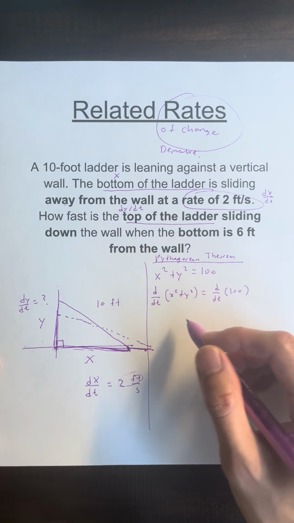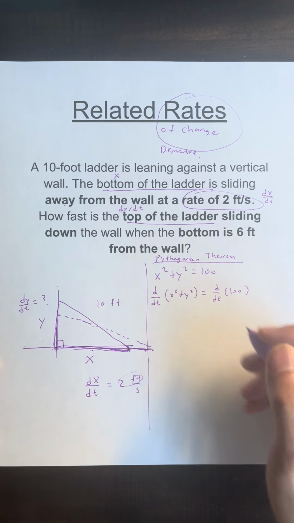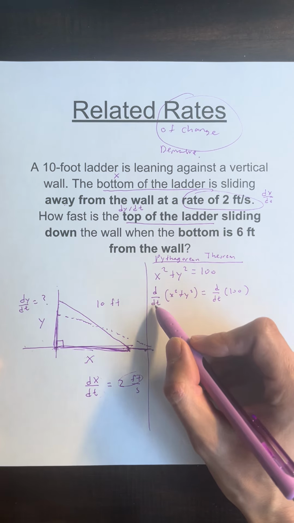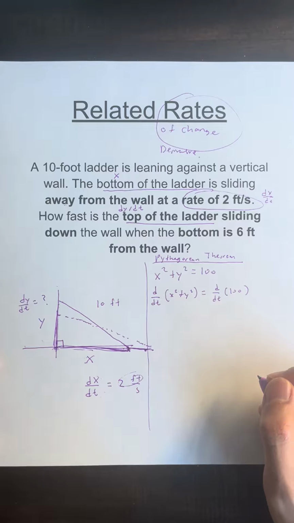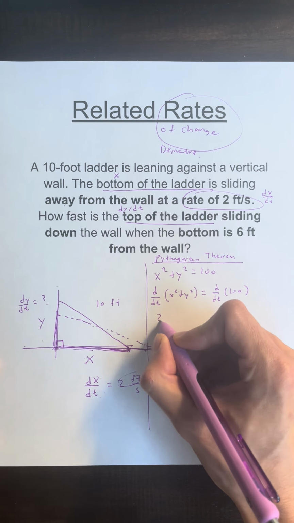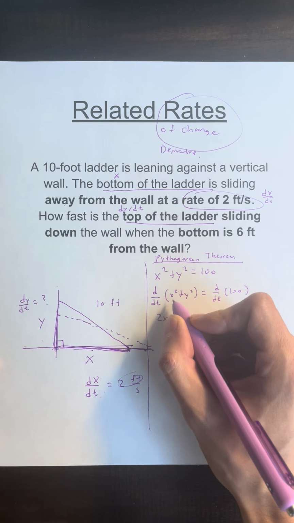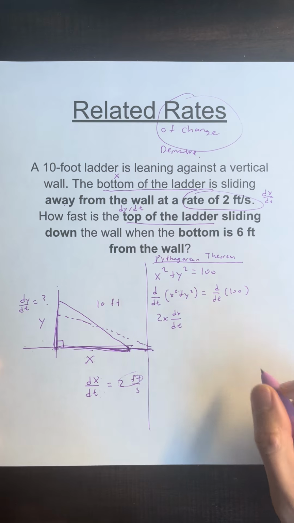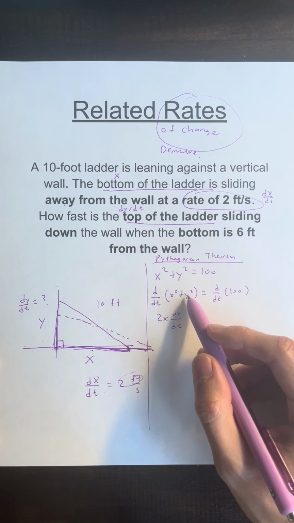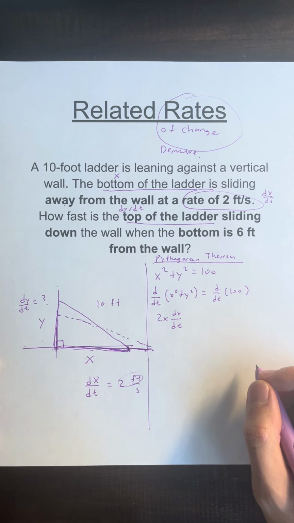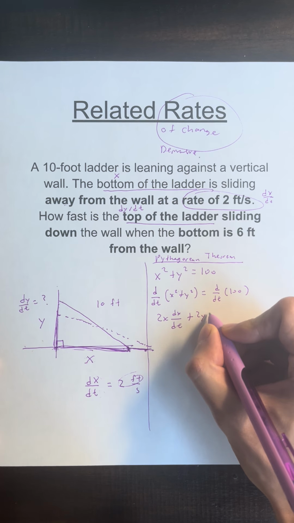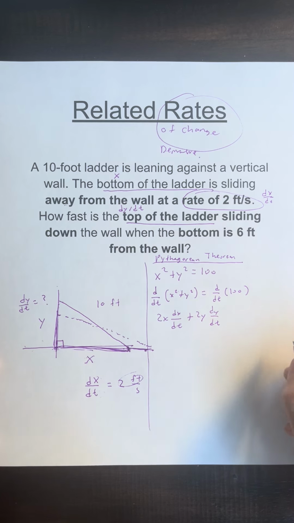But, okay. What's d dt of x squared? What is the derivative of x squared with respect to t? It's going to be 2x and then dx dt. What's the derivative of y squared with respect to t? 2y dy dt.